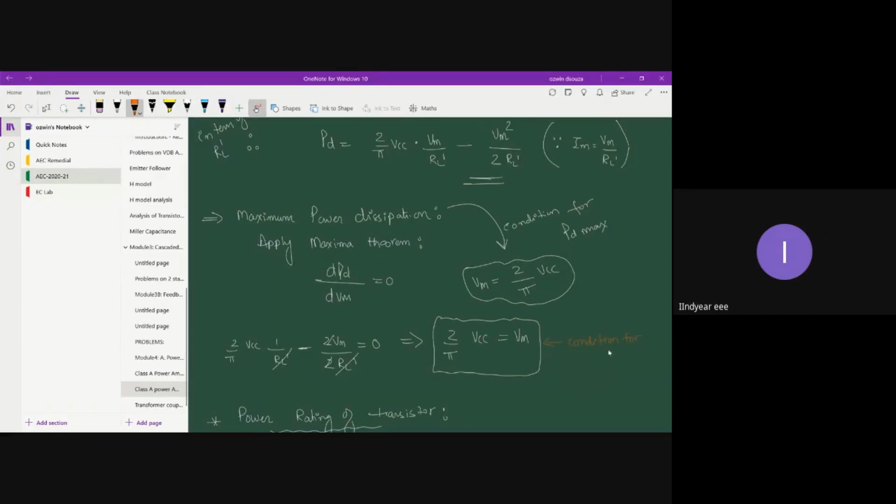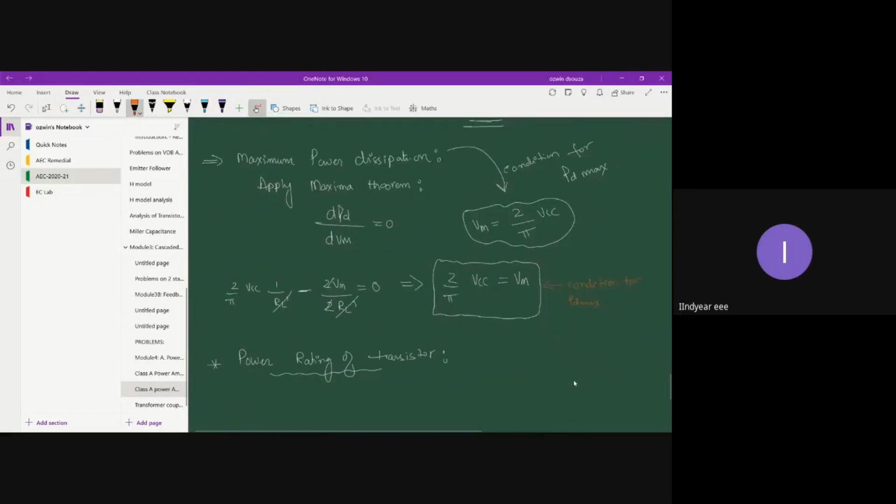All right, fine. So next up, what we have is the power rating of transistor. Why I'm discussing all this is because in problems they will ask, calculate the power rating of each transistor, etc. So that's the reason I'm giving you the formulas beforehand, right?